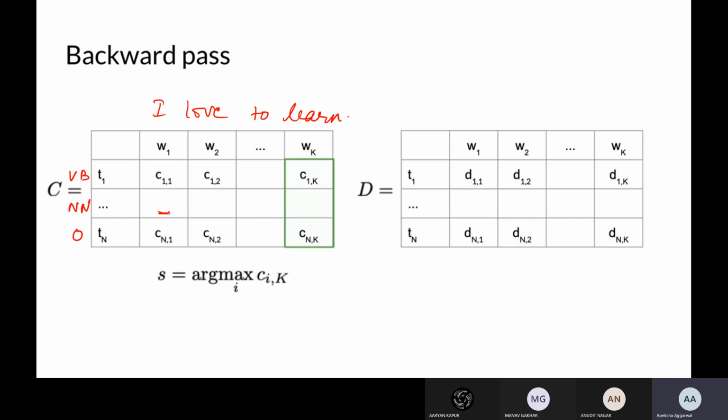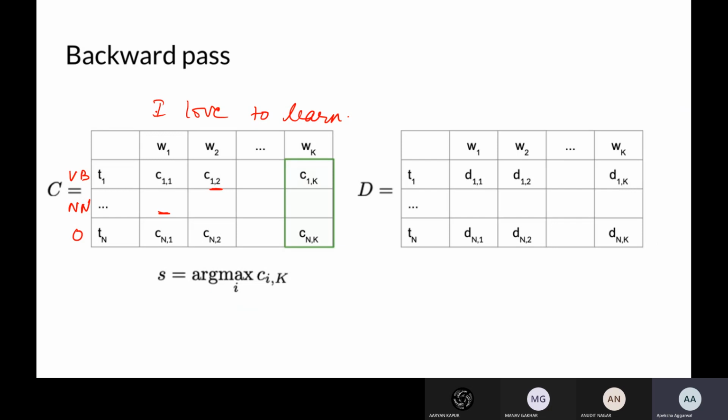Let's say in this column, this one is highest, out of these three states. The backward pass basically calculates, out of all these possible states, which one is representing my sentence, because love can be in all three possible terms. So out of all the possible scenarios that we have calculated, which one does my sentence belong to? That is calculated using the backward pass.